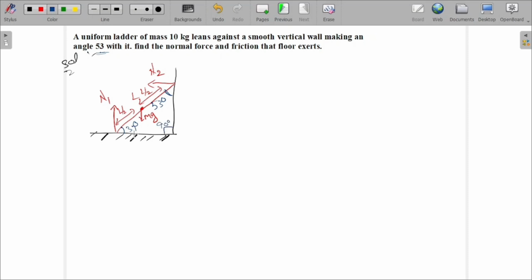We can consider this 37 or this 53 given, you can follow with this or you can do with this 37. Both can be taken, no problem, but no need to take both. Any one is enough.